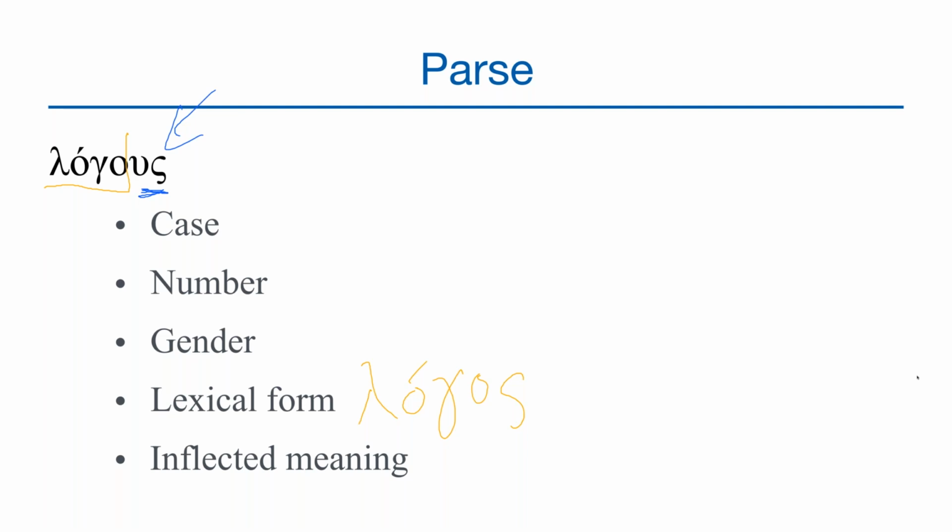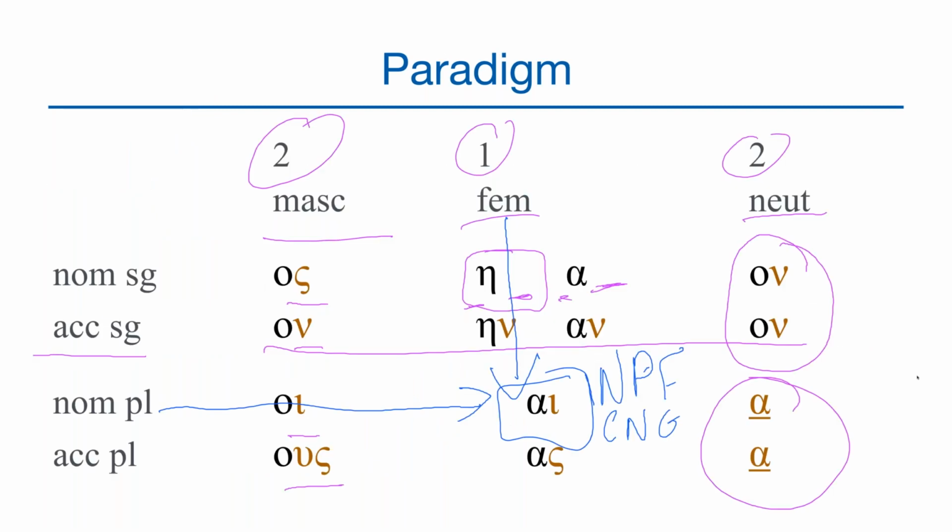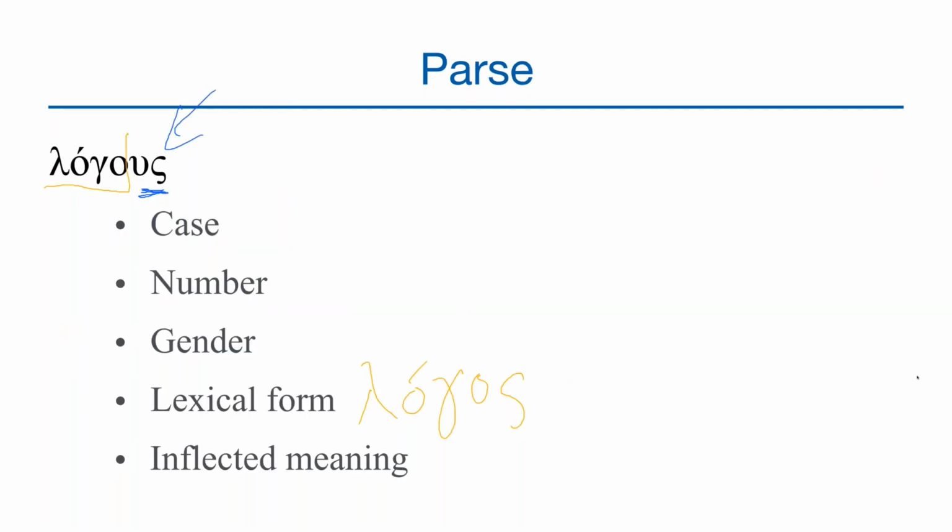I think I said it. Okay. Accusative plural. So our case is going to be accusative. Our number is going to be plural. Now, logos, what type of endings does it use?